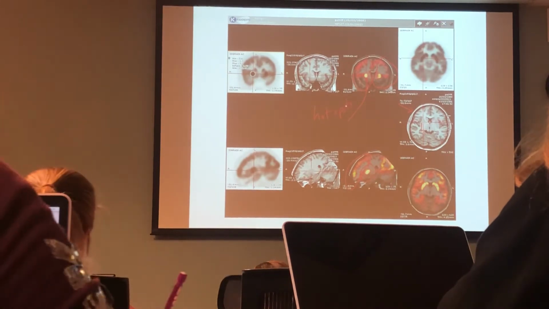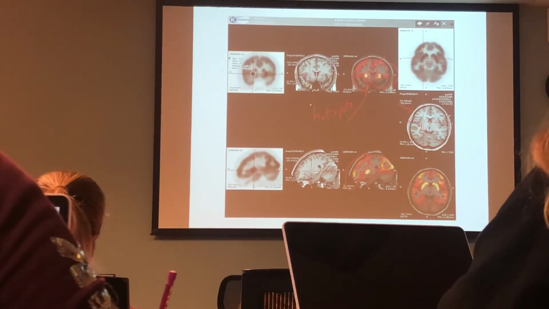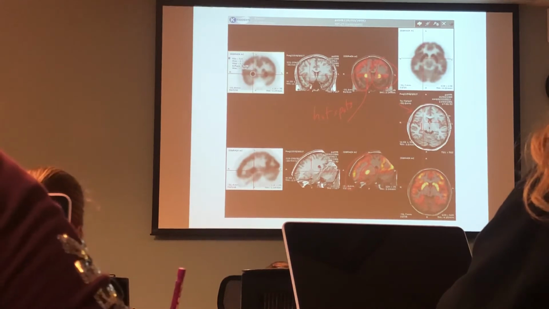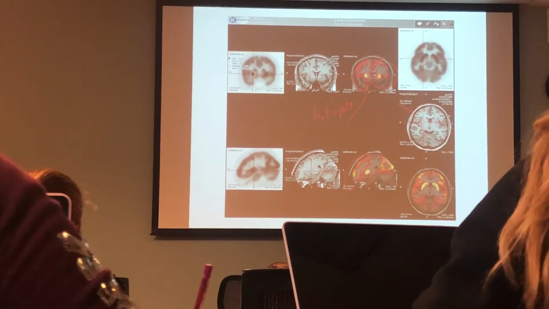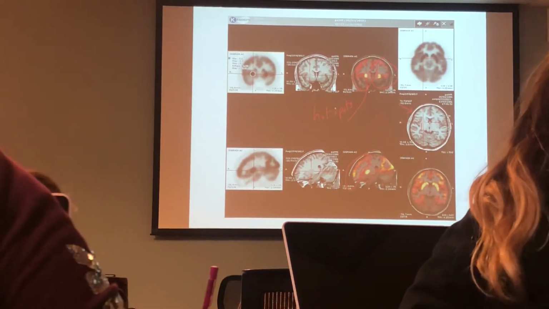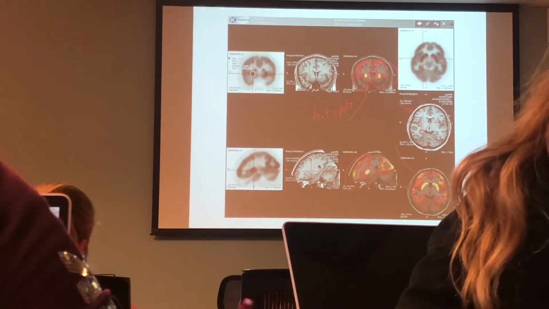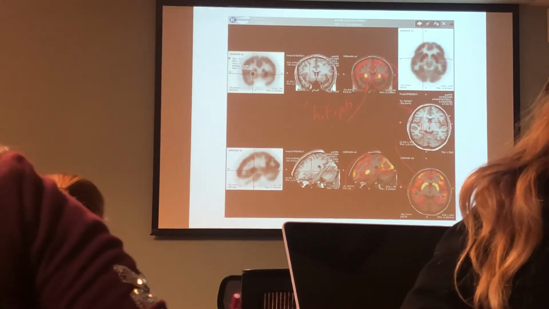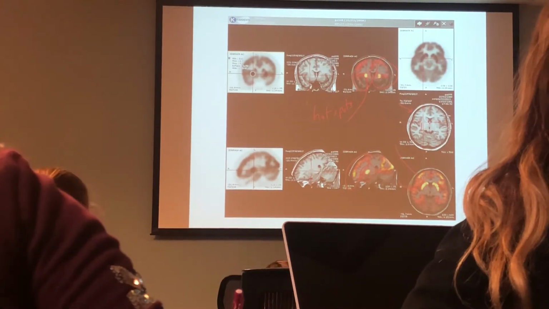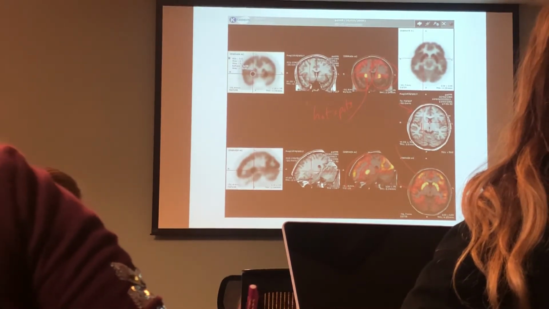So now you're able to observe and check out brain activity. You can pick up on brain activity and so forth. So it is somewhat of a physiological type of imaging. You're able to catch brain activity.